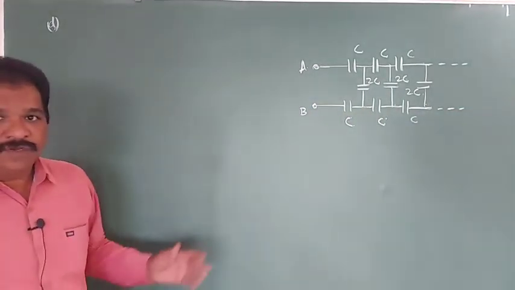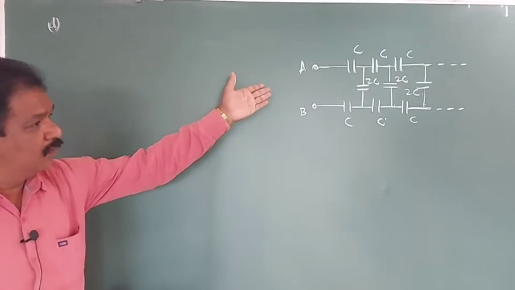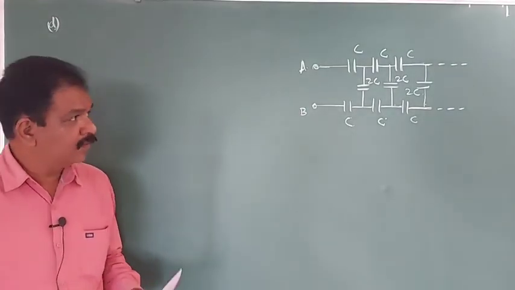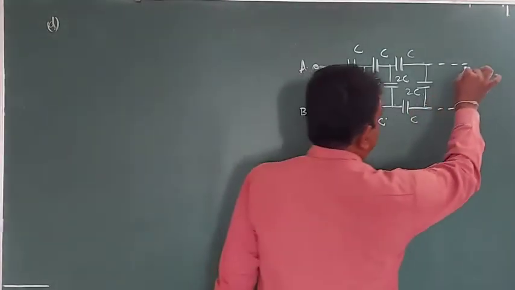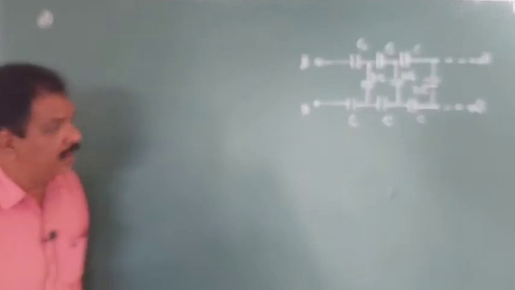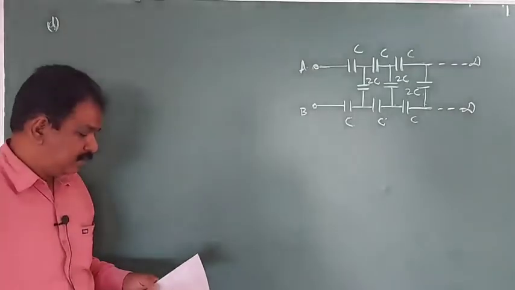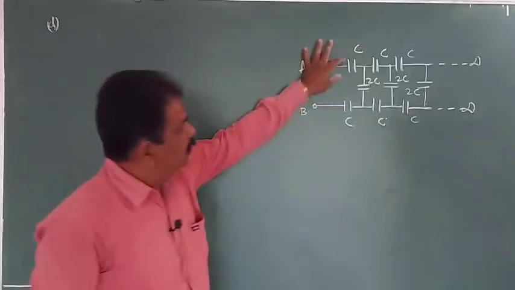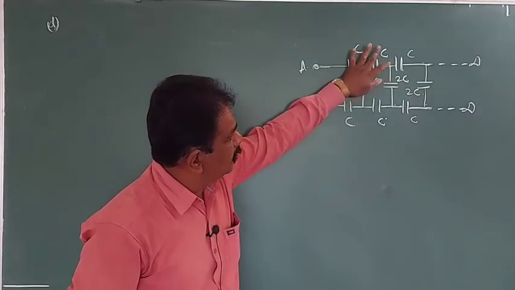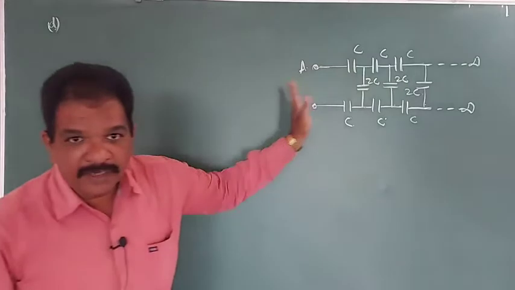That is an infinite circuit. So what is the capacity of that infinite circuit? We have to solve. Let this be infinity, and this also equal to infinity. Then see, this C to C, C, again C to C, C, C to C, C, that is repeating.